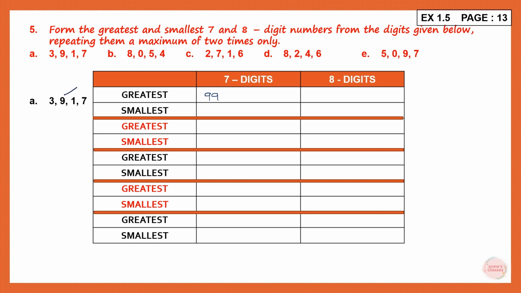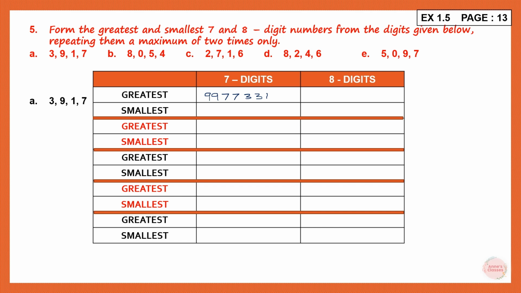So 9 is over. Which is the next number? 7, that also repeat. Now we have 4 digits. Take the next one, 3, that also repeat. So now we have 6 digits. We need only one more, and we take this one. This time we don't have to repeat it because we want only a 7-digit number.